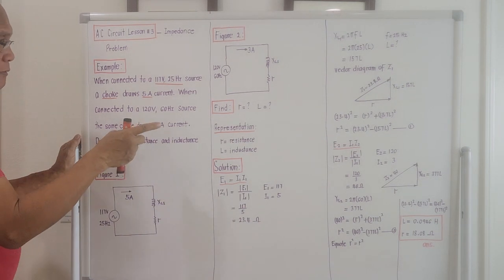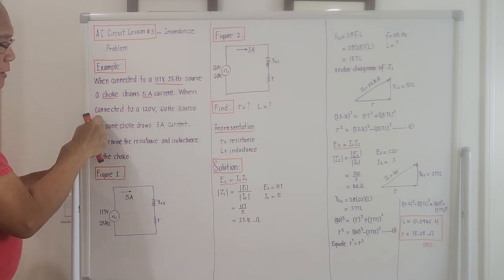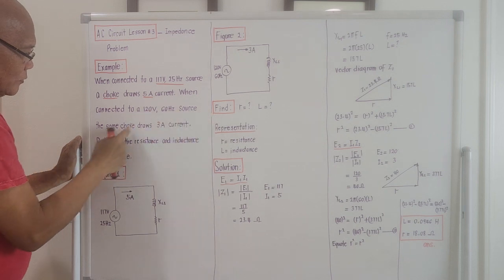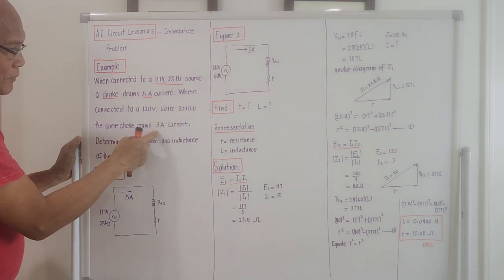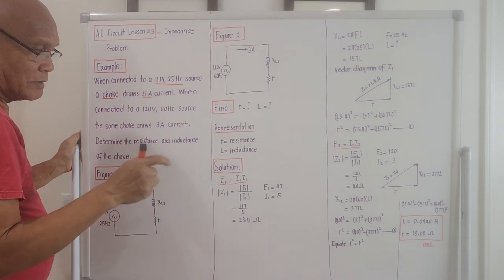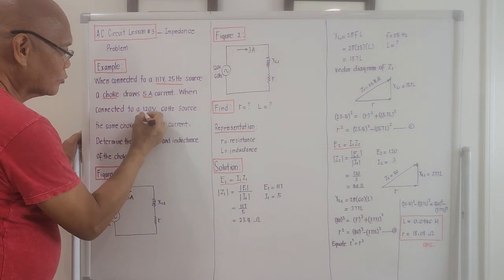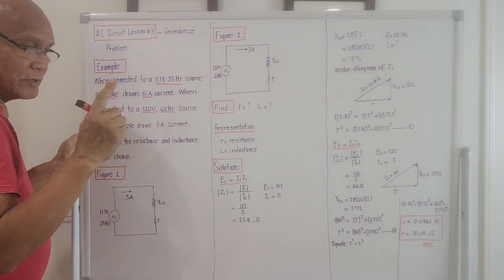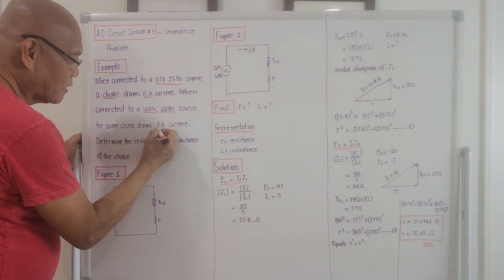A ballast contains a coil of windings that is needed to stabilize the current for a fluorescent lamp. Continuing the problem: when connected to a 120 volt 60 hertz source, the same choke draws 3 amperes.